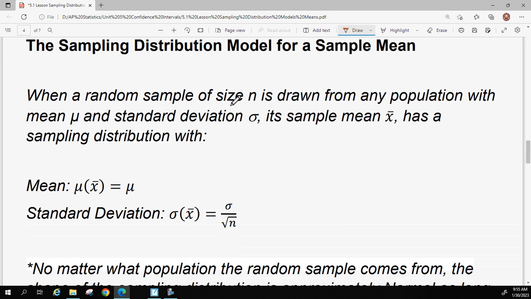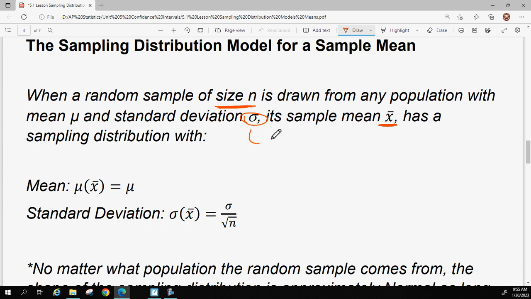And so, like I said, sample size is n. When we find the mean of that sample, it's x bar. And usually when we find the standard deviation, so standard deviation sigma, that's for a population.